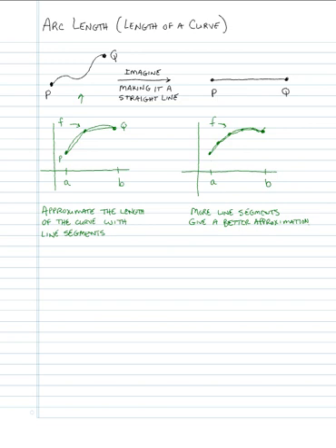Let's proceed now. Let's imagine that we've broken this curve into an infinite number of infinitely small segments, and so we have infinitely small line segments that we need to calculate the length of.